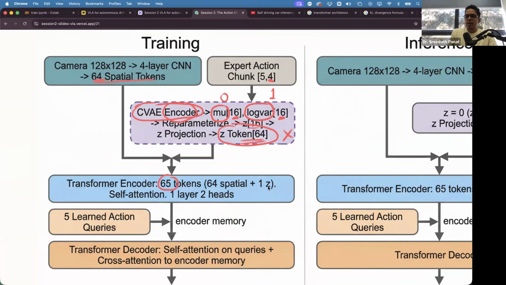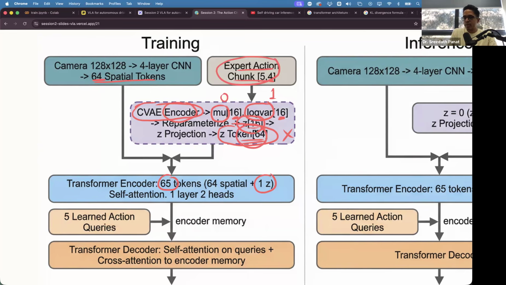Now this 1 token is basically conditioned on the expert actions. So these expert actions go as the input into the variational autoencoder, which has a multi-layer perceptron, which predicts 2 things, mu and variance, each of dimension 16. Then from that 16-dimensional space, we randomly sample 1. Then from that randomly sampled thing, we project back into 64-dimensional space.